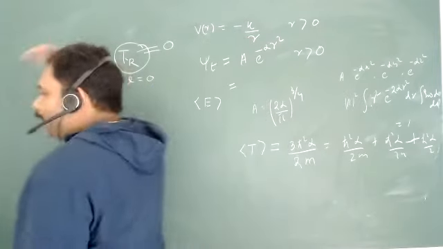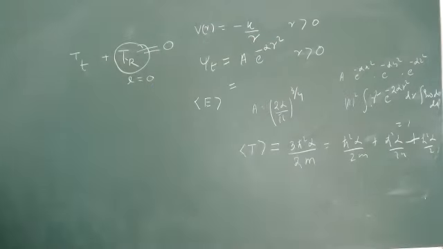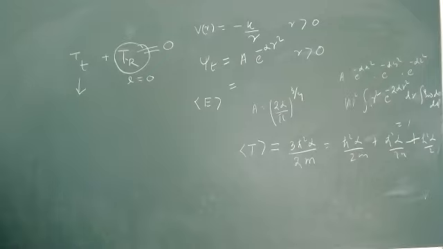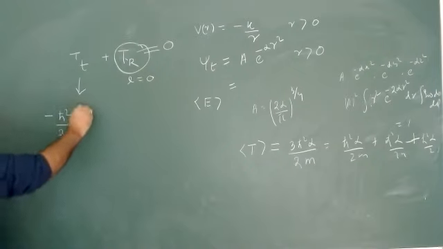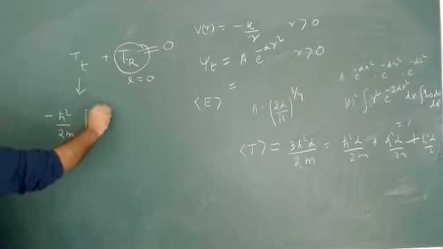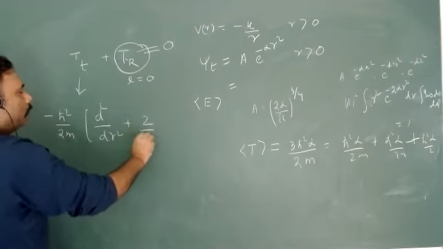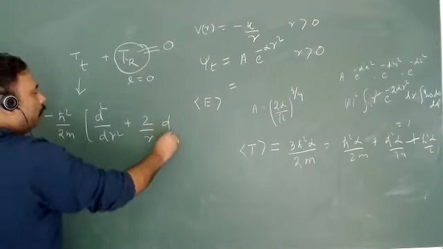So what will be your translation kinetic energy operator actually? Tell me, what is your translation kinetic energy operator? That value is minus h cut square upon 2m, d square upon dr square plus 2 upon r d upon dr.